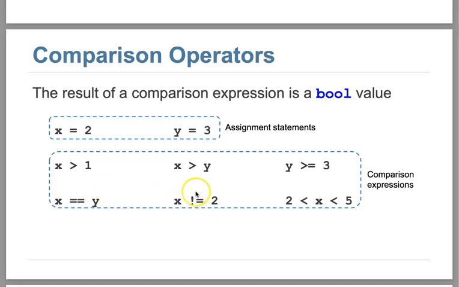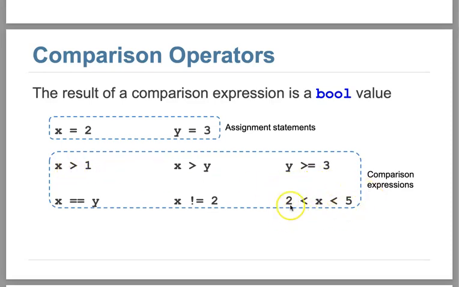Here, when you have the exclamation mark and equal sign, it's the same thing. They compare whether the left side is not equal to the right side. But in this case, since x equal to 2, 2 is equal to 2, so if we say not equal, that's false. Then greater than and less than, you can understand that.